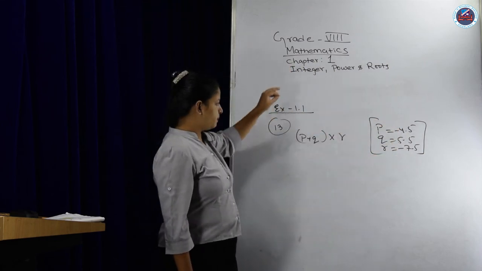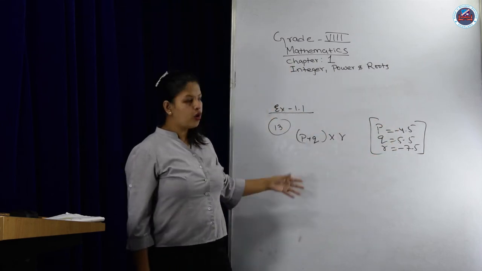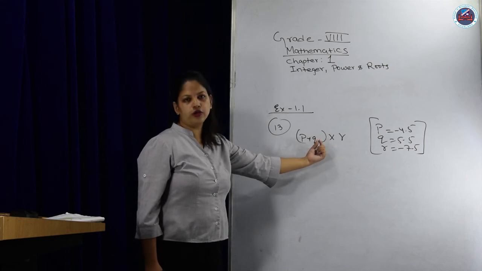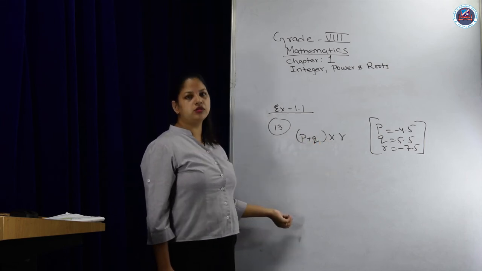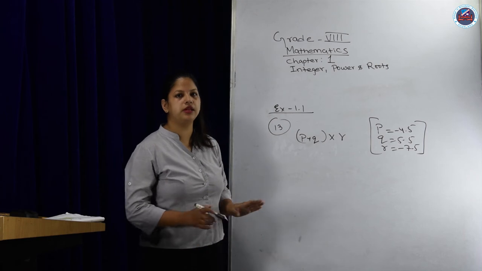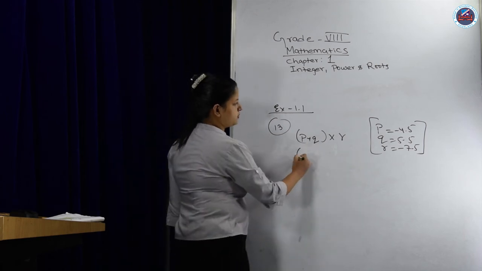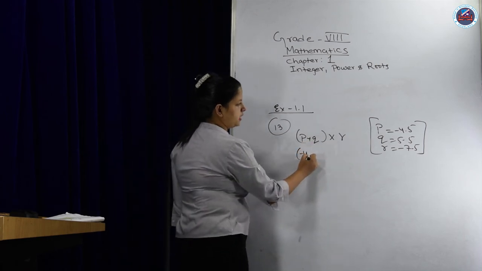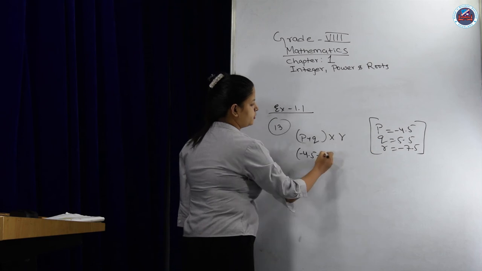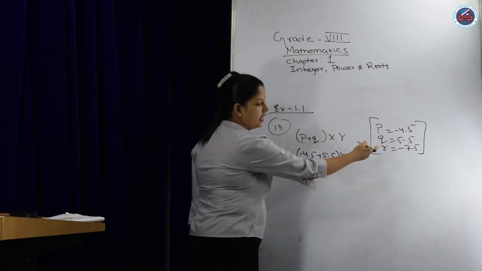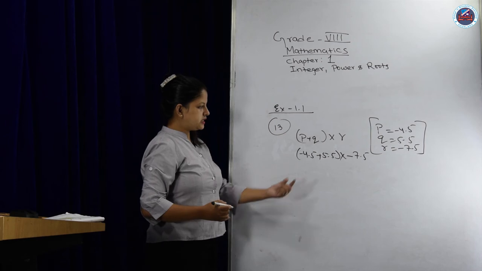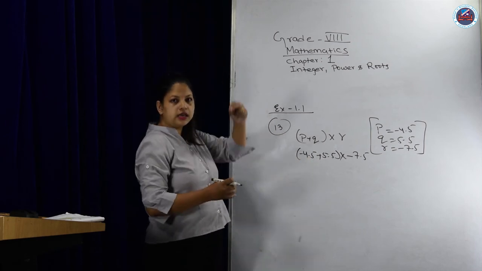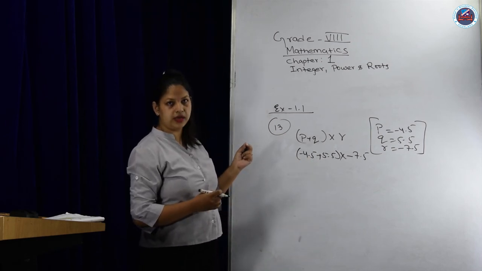You can put these values here and solve it out, or you can follow your simplification rule for BODMAS, and then in the end also you can put the values, it is similar. So I'll do it with the first method. In place of P minus 4.5, in place of Q 5.5, and in place of R minus 7.5. So basically it is becoming a question like the previous one, question number 10.